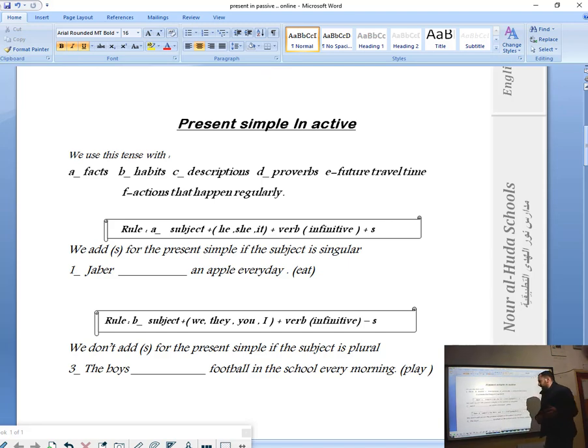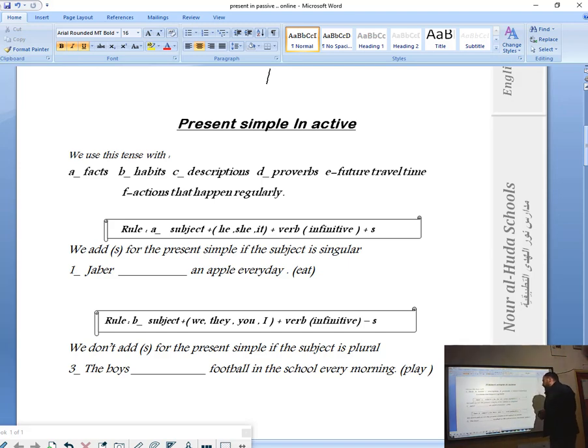It evaporates, this is another fact. Descriptions. When I speak about descriptions, for example, I say, Ola looks a beautiful girl. When I say Ola looks a beautiful girl, it means that I'm describing Ola. So with the descriptions, I should always use present simple.